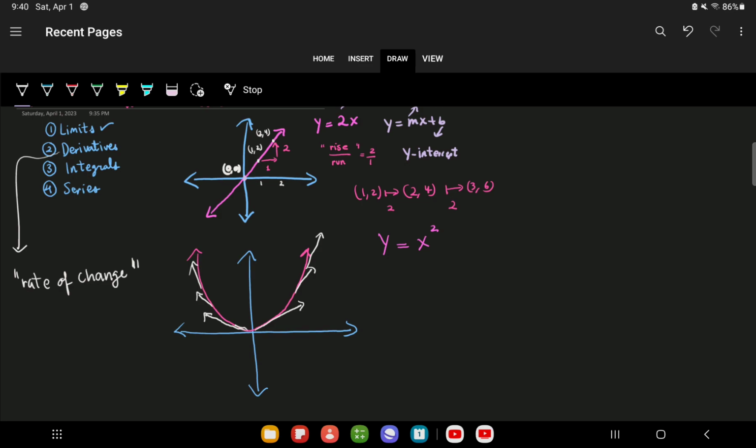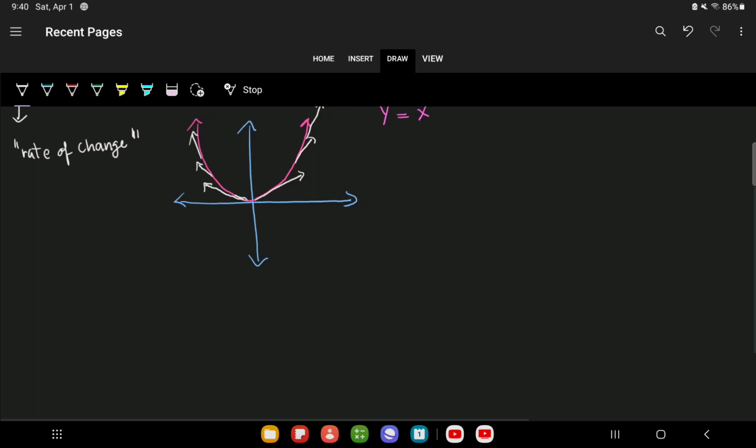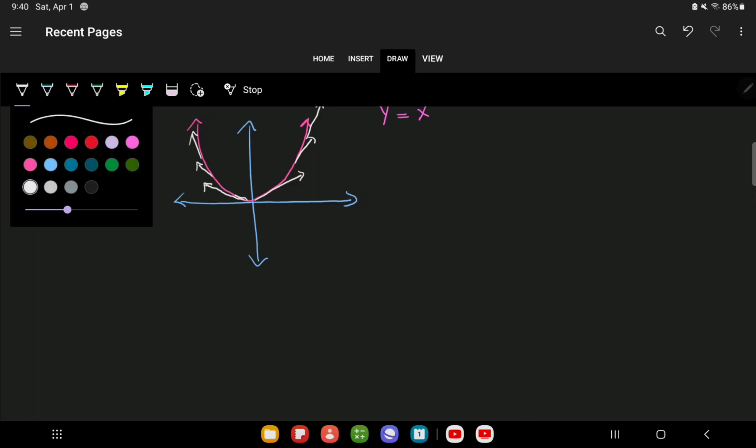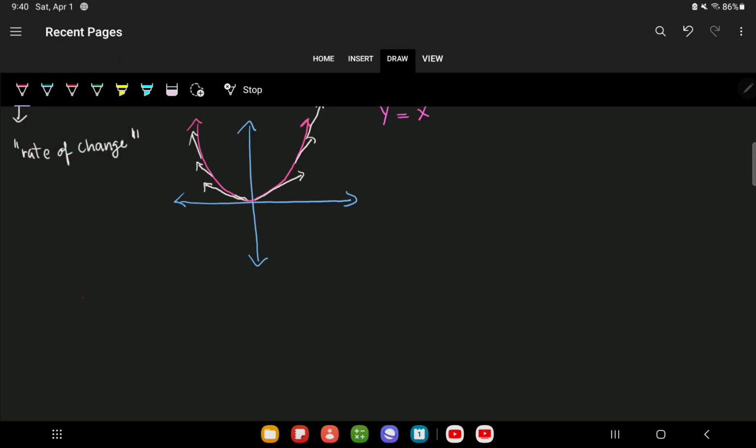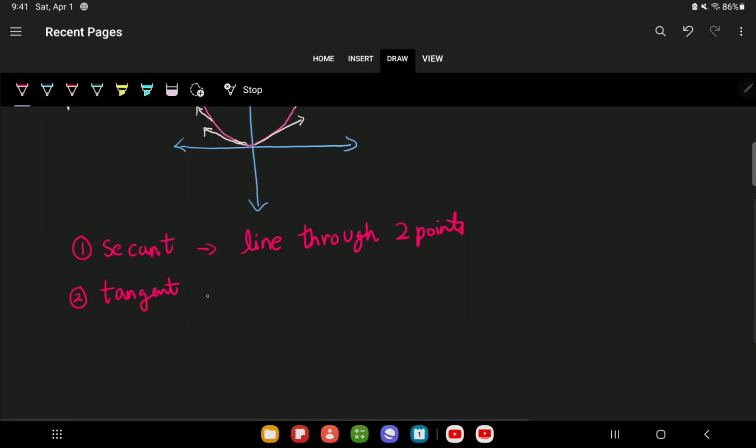Okay, now let's do a proof by picture kind of idea. So how do we calculate the derivative? There are 2 keywords here. One keyword is a secant line, and another is a tangent line. A secant line is a line through 2 points, and a tangent line is a line through 1 point.